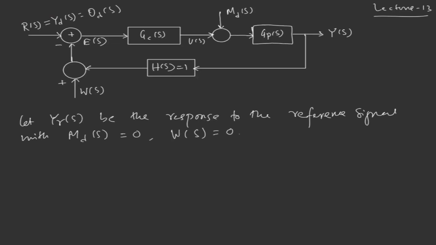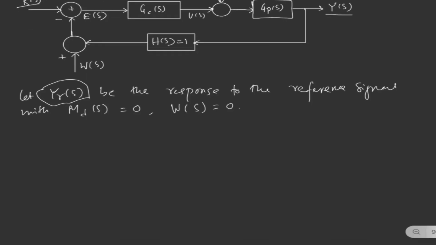So first we'll find the transfer function Y of S with respect to R of S. When we are having Y of S with respect to R of S, I am denoting it YR of S, and we are assuming the other input signals to be 0.